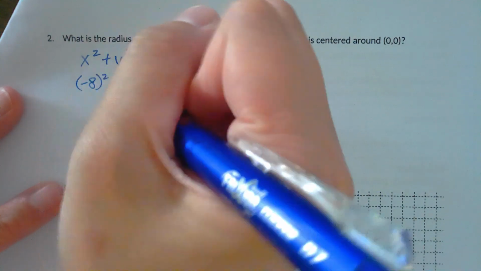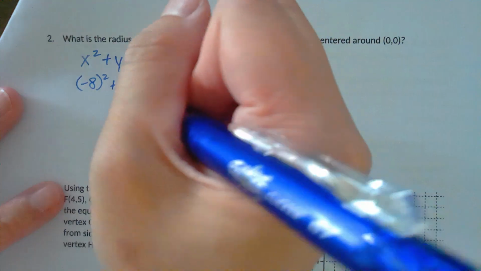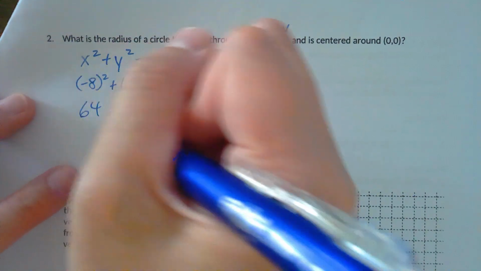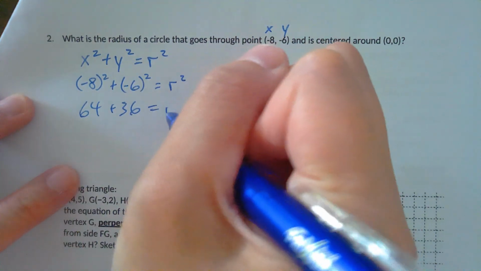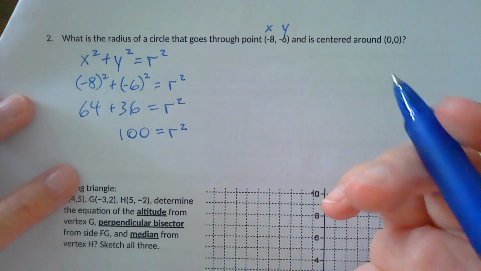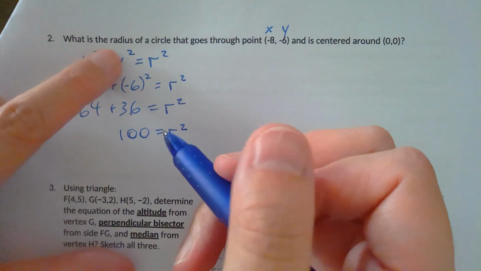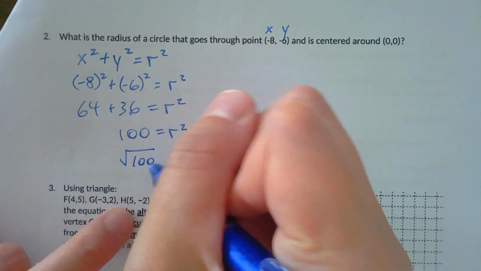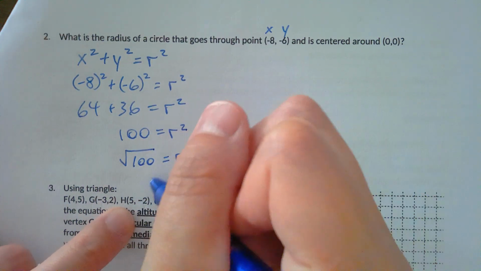When they ask for the radius, do you want us to square the number we get? Good question. We'll do that right now. 64 plus 36 equals r squared. So 100 equals r squared. Now, what is the radius of the circle? That's when you would square root it to figure out that the radius is 10.